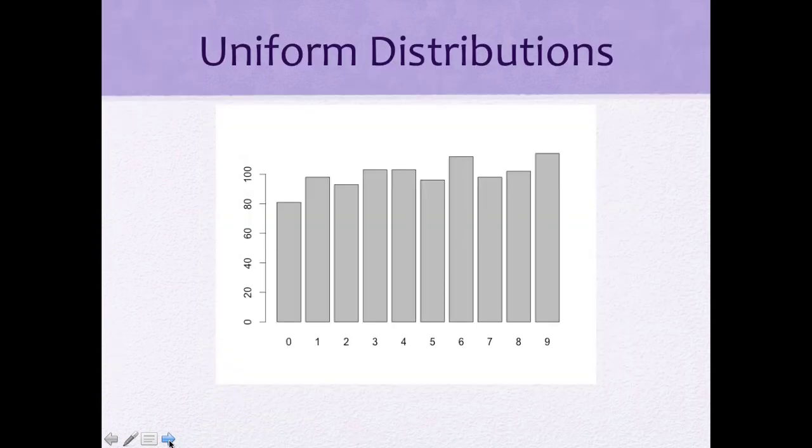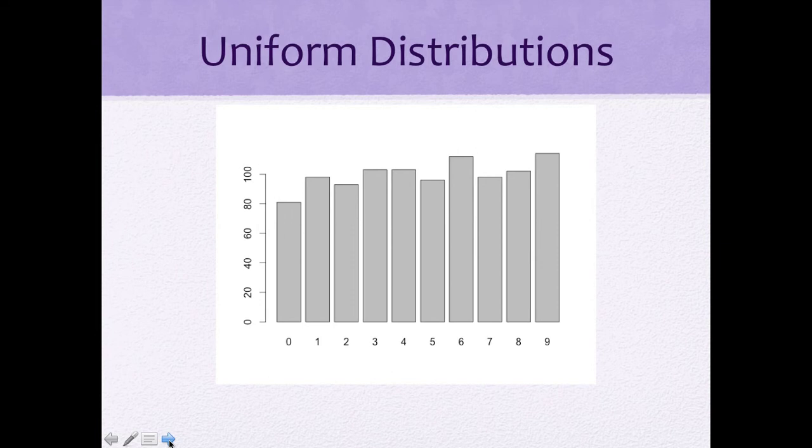So the first kind, which is not all that common, is a uniform distribution. This is where all of your bars are approximately the same height, meaning that your frequency, or the number of times you have a certain result, is about the same for every bar.